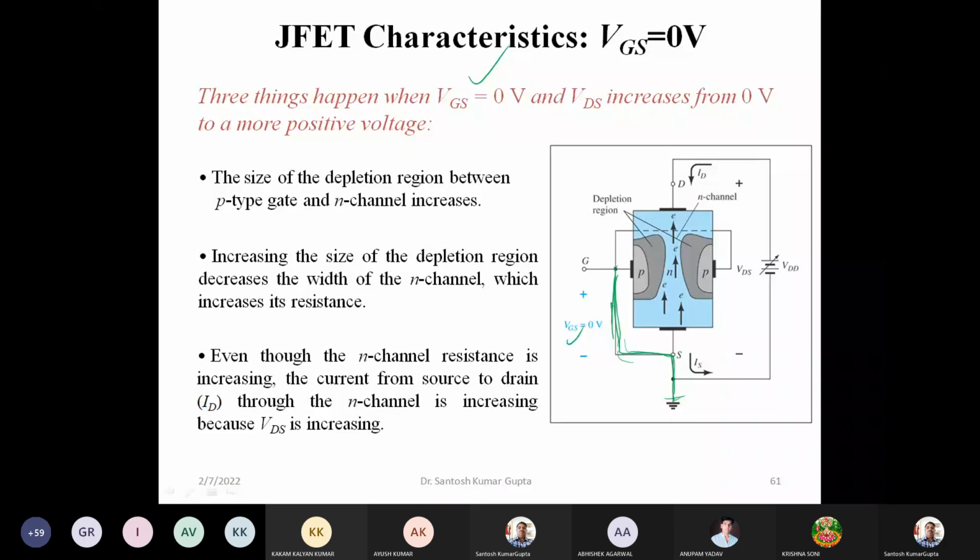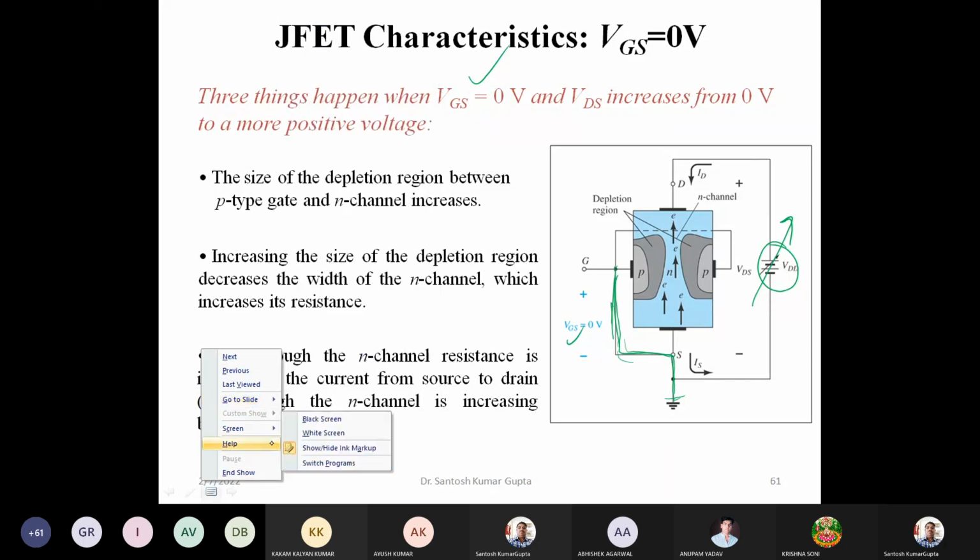Now in this case, if we apply some voltage across drain to source and vary it, let us investigate what happens. There is a very interesting thing happening here. For a particular value of VDS, we will have a channel like this.